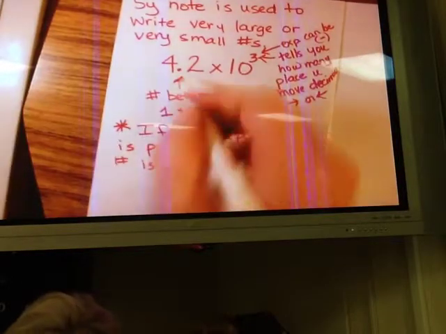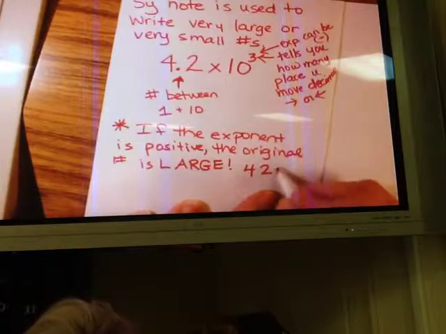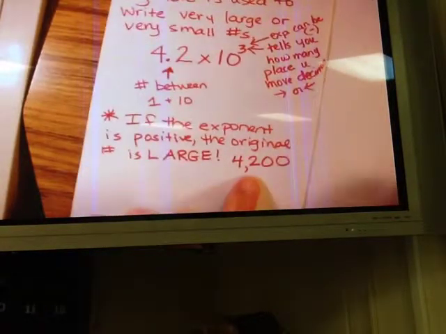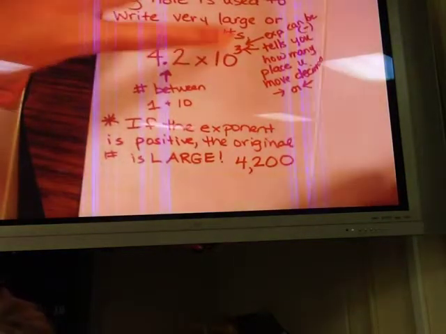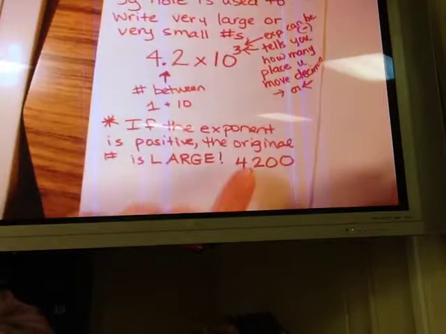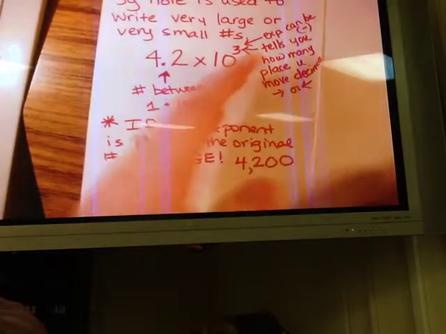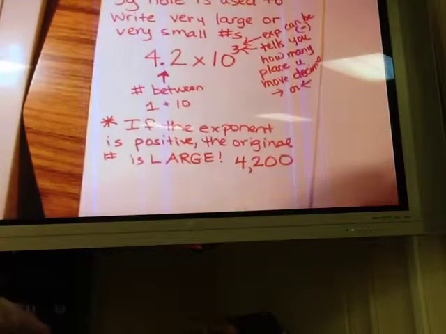Like up here, this would be 4, 2, 0, 0. I would move my decimal 3 places, and I would end up having to move it to the right because I'm multiplying by 10 cubed. So it would be a very large number.